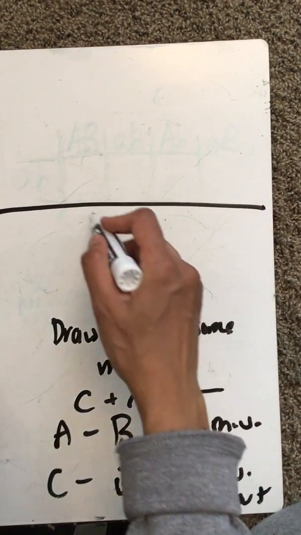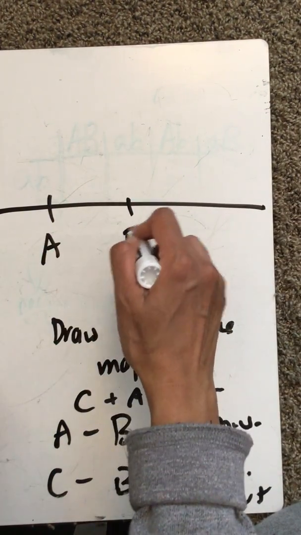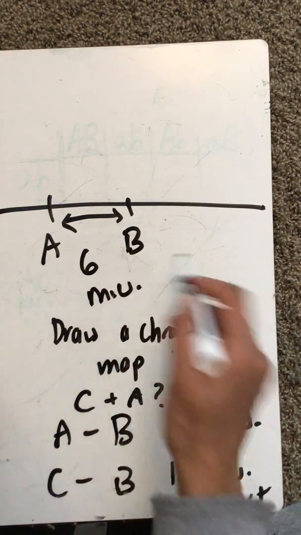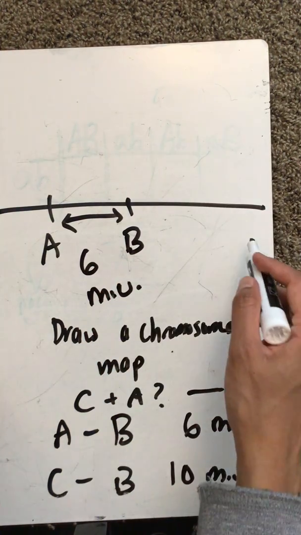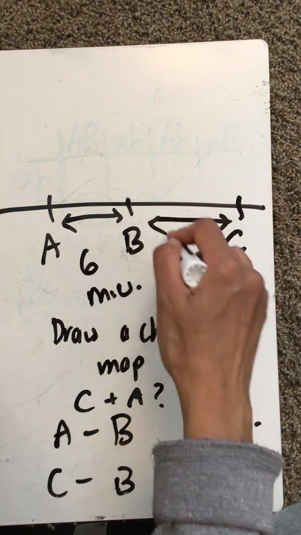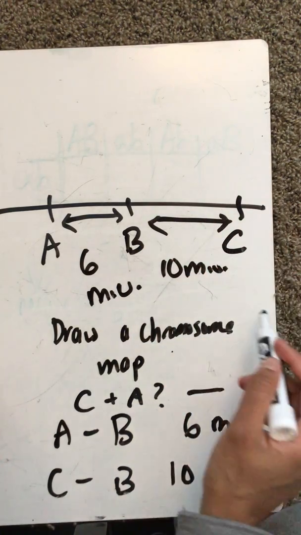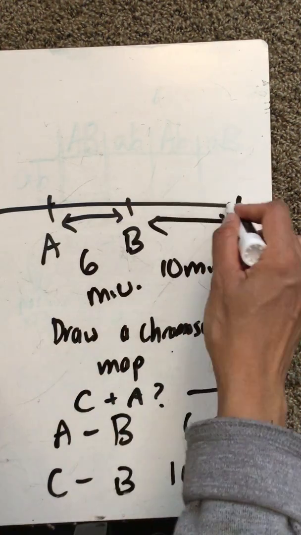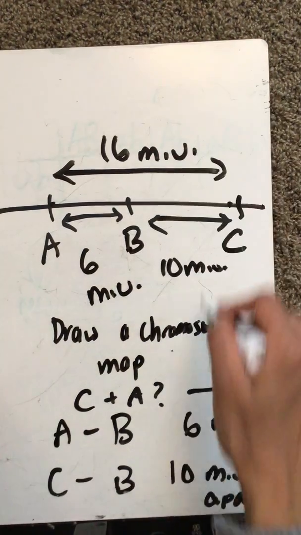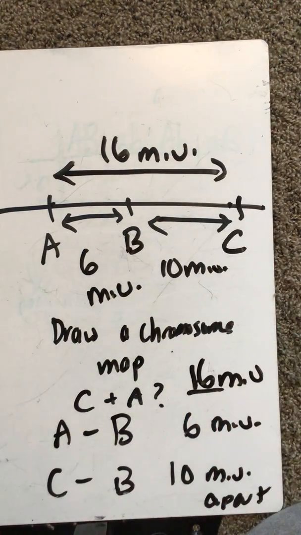A and B are 6 map units apart, and C and B are 10 map units apart. How far are A and C? Well, that's the total here, 16 map units. And I say the answer is 16 map units.